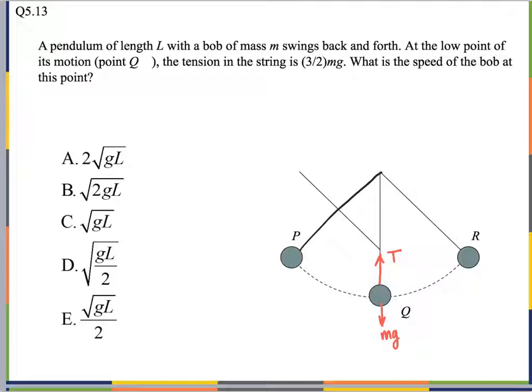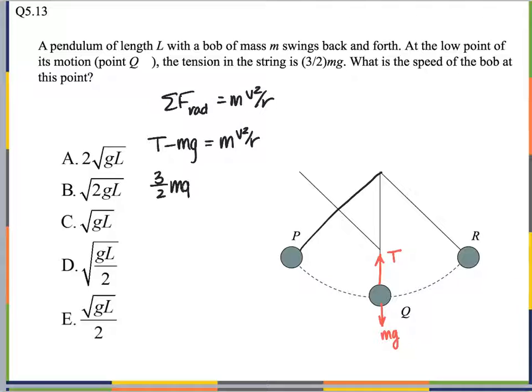And so if we look at the forces in the radial direction, they are going to be mv squared over r. So we're going to have tension up minus the weight is equal to mv squared over r. And now we know what the tension is. It's 3/2 mg minus mg is equal to mv squared over r.